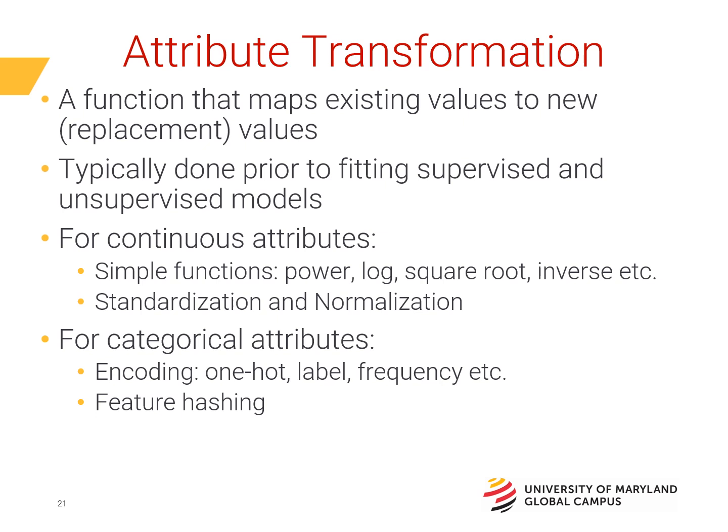Last but not least is variable transformation or attribute transformation. This is mapping of existing values to new ones, replacement values. It is usually done before you fit your supervised or unsupervised model. And for continuous attributes, as I mentioned earlier, functional transformation.